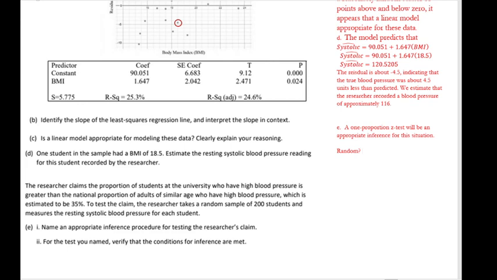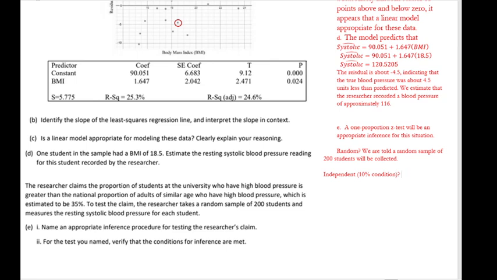So, first condition is always random. We are told a random sample of 200 students will be collected. Next is independent. And remember, this is our 10% condition.